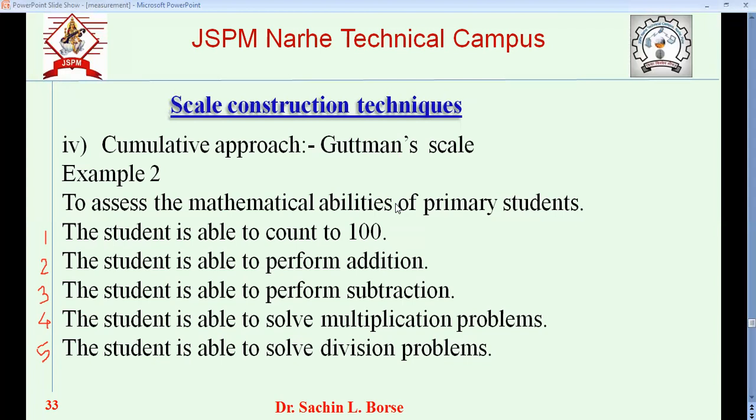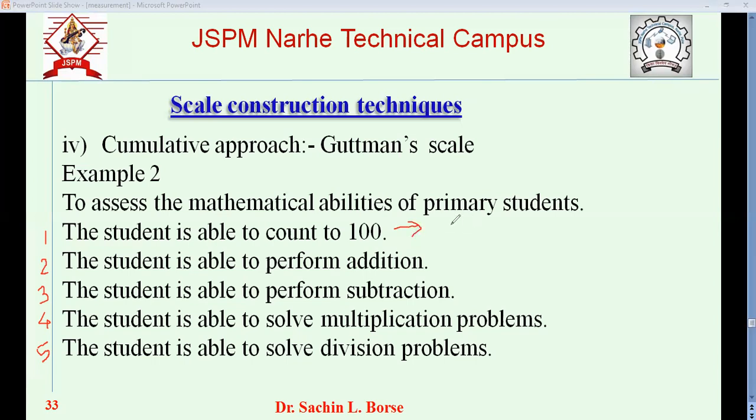Of Guttman scale. So when you create the statement, suppose I create the question or statement: student is able to count up to 100.